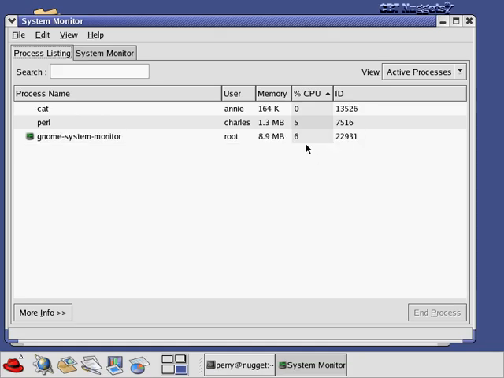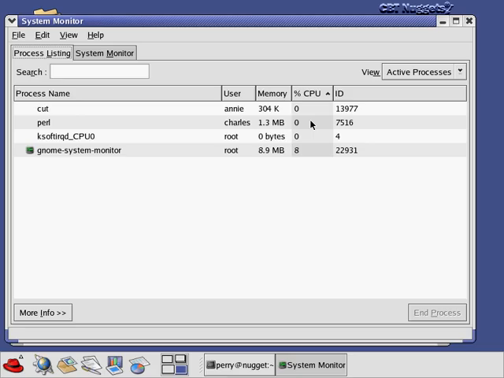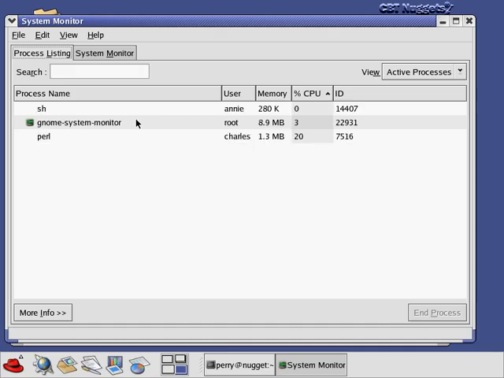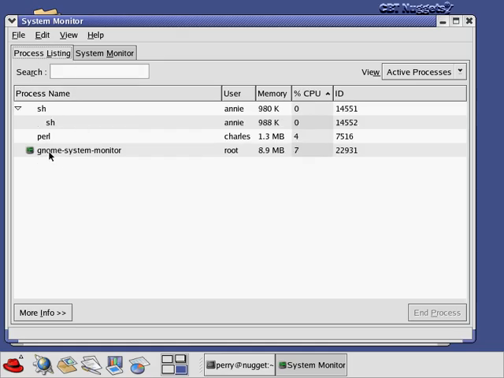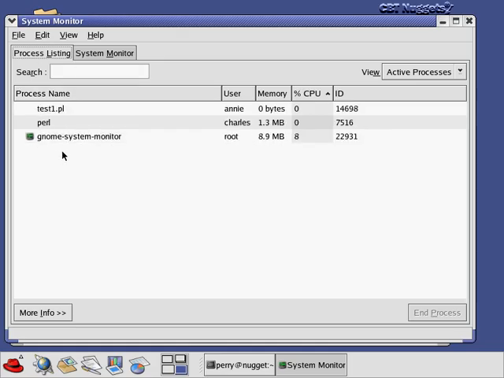If the system was really loaded up, though, just completely loaded up, and then I add some monitoring to it, then it's just going to cause more problems. Okay, so you have to be careful when you monitor the system that you're not actually impacting the performance yourself by monitoring it. All right, so the way that you get into this system monitor is you just type gnome-system-monitor at the command line and you can get in there.